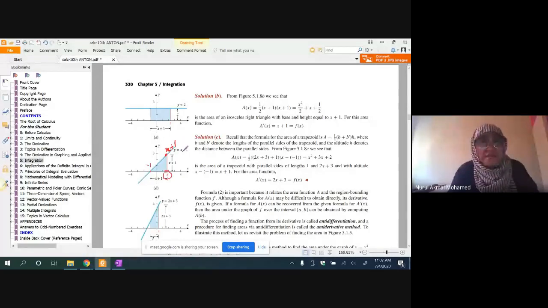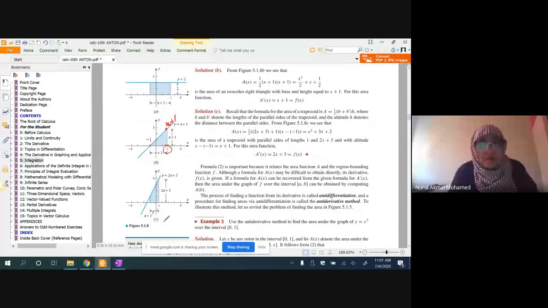Okay, for C, here you have y equal to 2x plus 3. So the height will be 2x plus 3. And then you have here x equal to -1 over here.